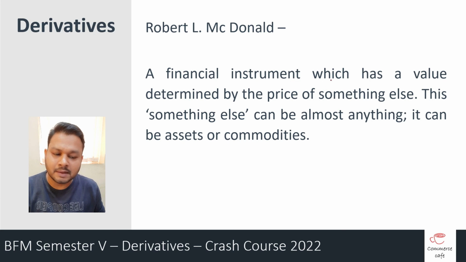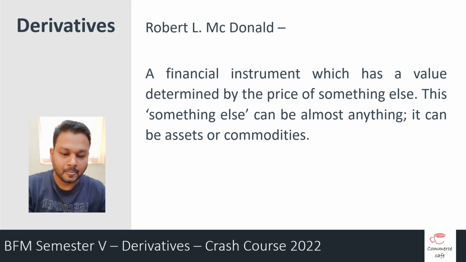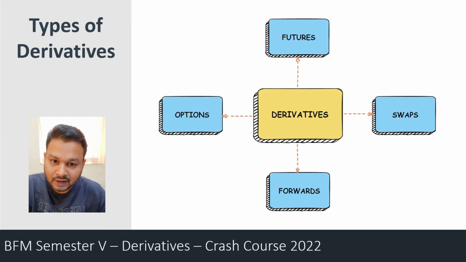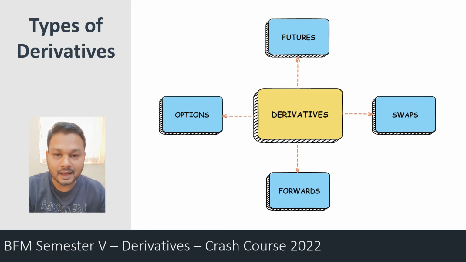This something else can be almost anything. It can be an asset or commodity, and we call it an underlying asset. So this is what a derivative is. There are several types of derivatives, but basically the common ones are futures, forwards, options, and swaps, and we'll be covering them in detail in the upcoming videos.